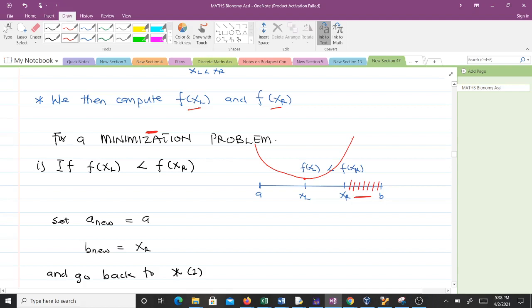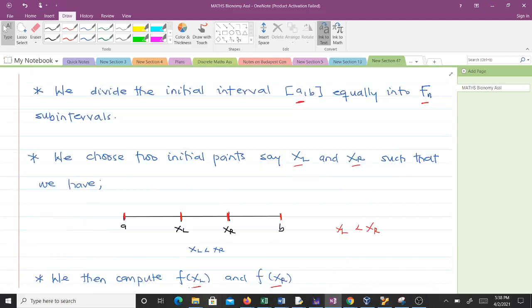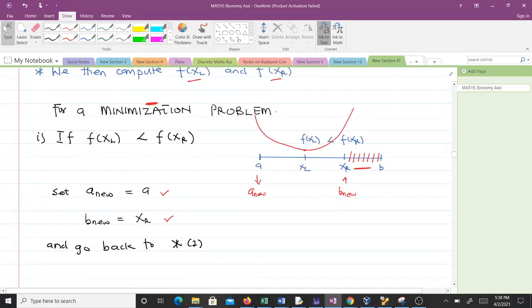When we discard this part, for the next iteration our new A will be the old A, and our new B will be xr. So we set A new equal to A and B new equal to xr. Then we go back to this place where we find xl, xr, and we continue doing the iteration until we get an optimal solution.